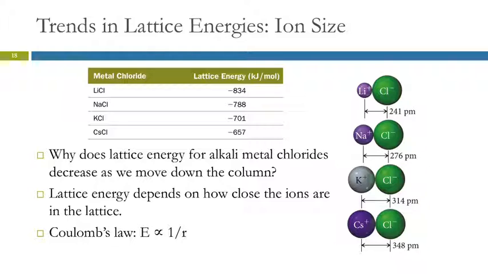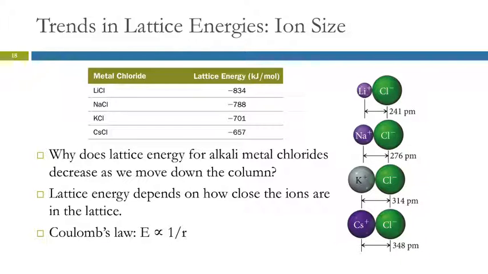And it has to do with ion size. Here we have illustrations of ion size. The chloride ion is the same for all of these, but lithium is the smallest ion and cesium is the largest ion. We learned that in our periodic trends, that things get bigger as you go down. Well, if cesium is larger than lithium, that means the distance between the cesium nucleus and the chloride nucleus is going to be larger, 348 picometers compared to 241 picometers.